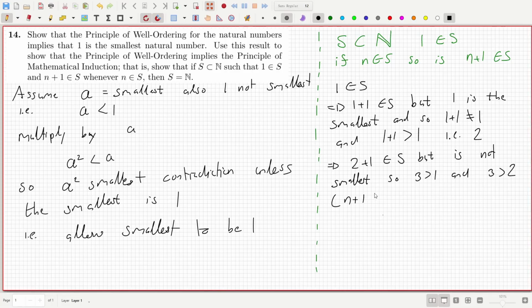N plus 1 is greater than N. Continuing would lead to S equals N.